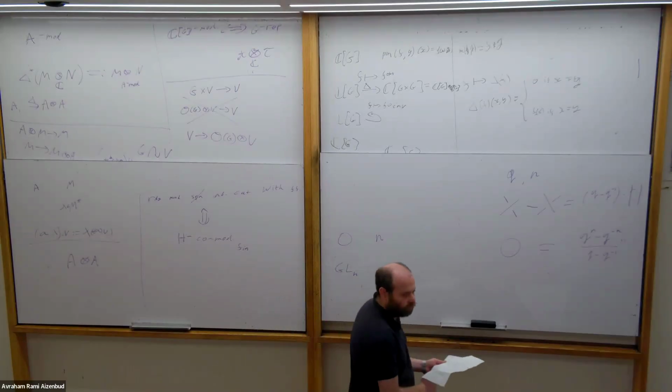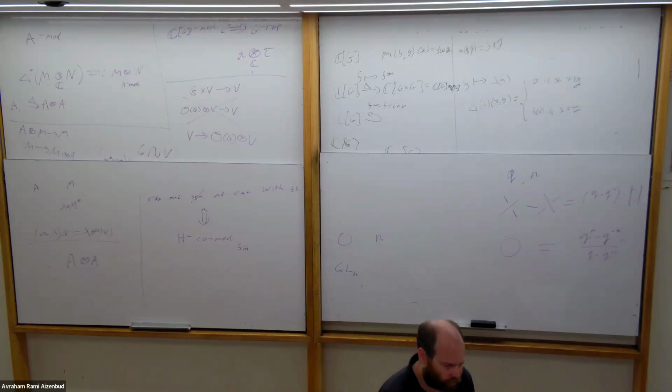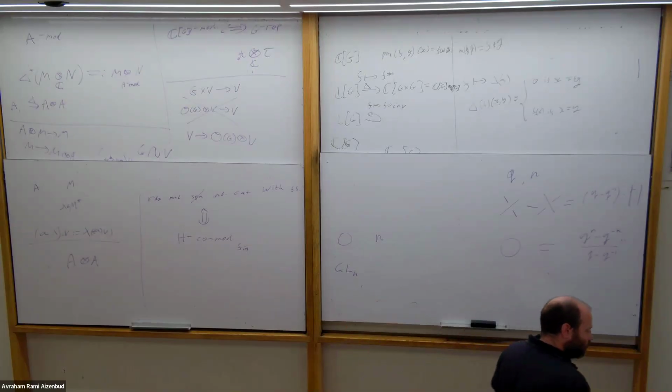So what did we try to do? I now want to define a category, which will be a quotient of the framed tangle category, but will be nicer. It will be abelian at the end.